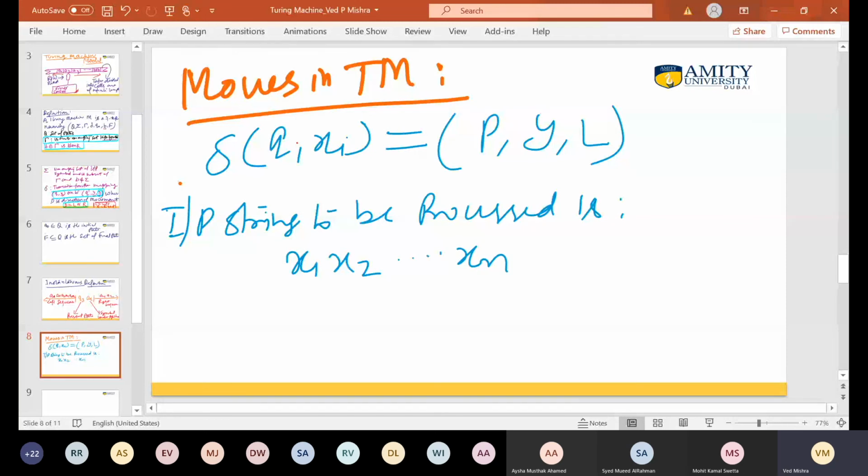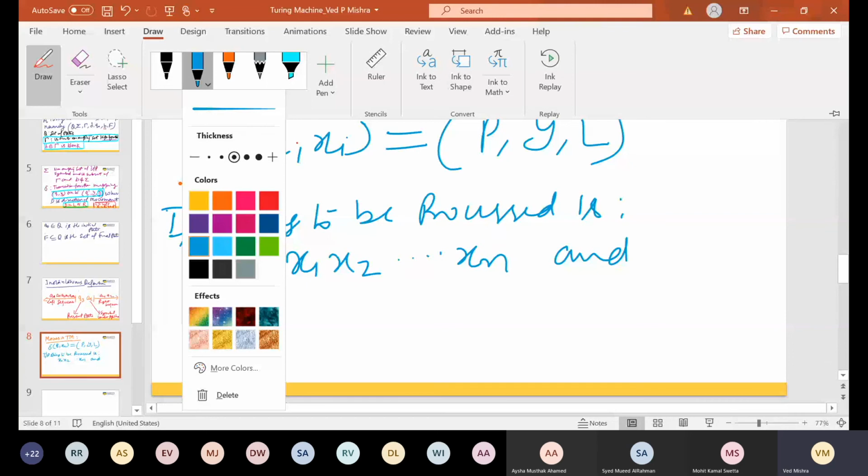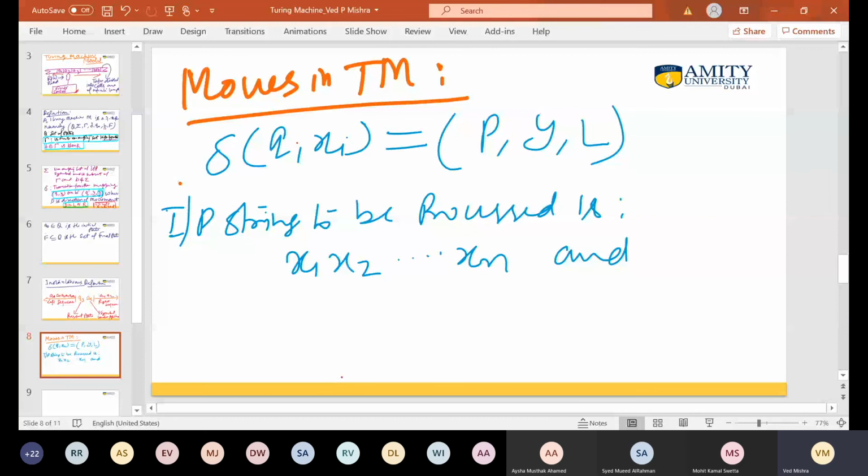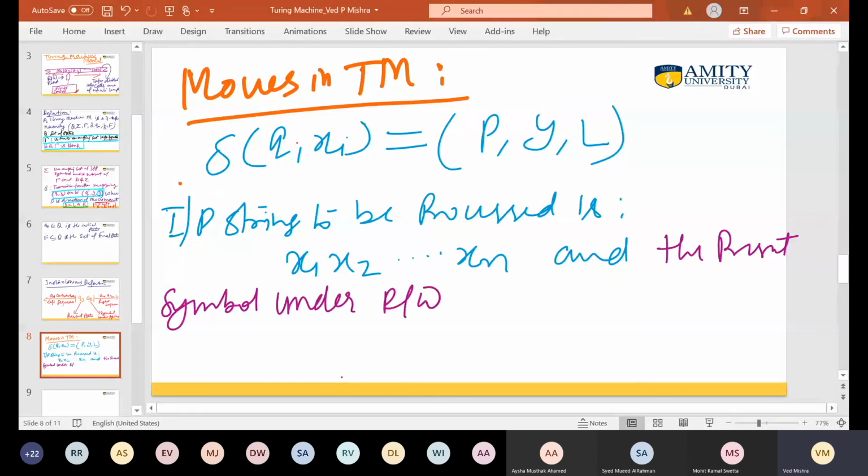And one condition is also given here: the present symbol under read write head is xi.